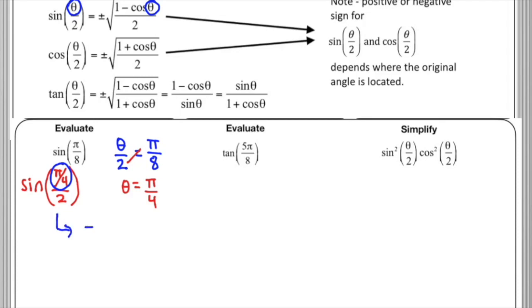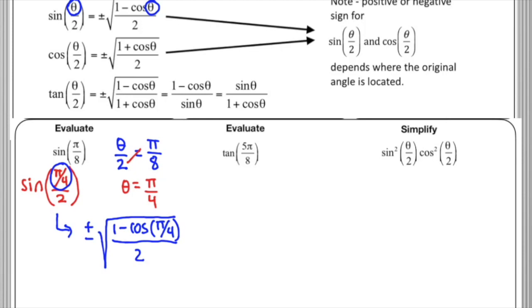I'm going to go plus or minus and start rolling out the formula as it states, 1 minus cosine, and I know that theta is going to be pi over 4, all over 2. Okay, so now we have the plus or minus sign right here, and we want to pay close attention as we start to simplify this thing out.